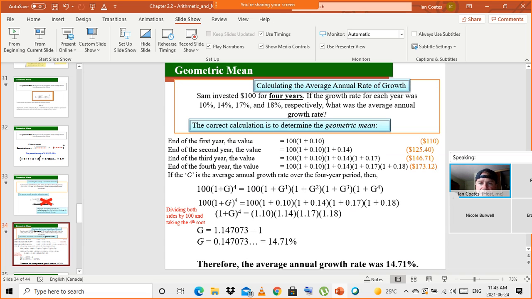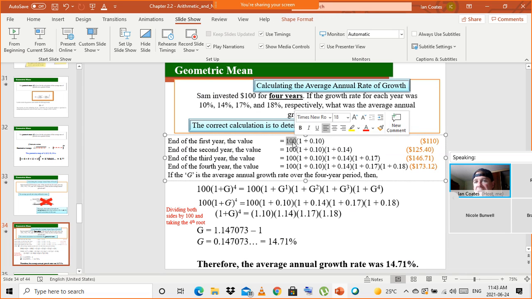Same question. What I've done here is broken it down. At the end of the first year, there's your $100. Sam put in $100 at 10%. So at the end of the first year, she made $10, right? 10% of 100 is $10. So at the end of the first year, she had $110.